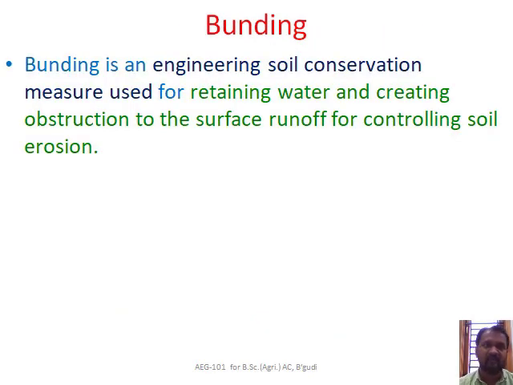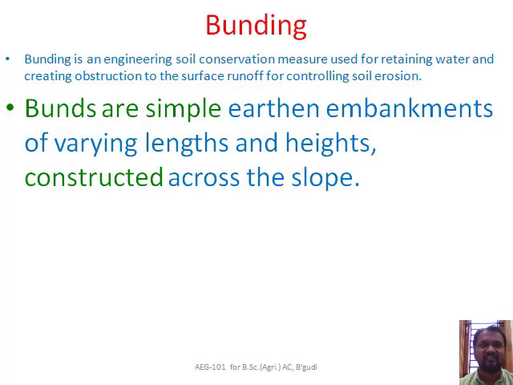Bunding is an engineering soil conservation measure used for retaining water and creating obstruction to the surface runoff for controlling soil erosion. These bunds are simple earthen embankments of varying length and height, constructed across the slope.